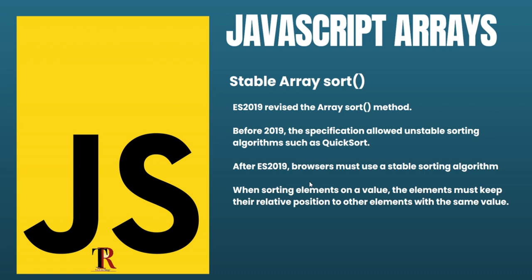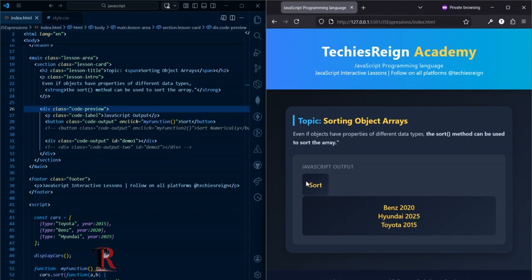What should JavaScript do? Before the ES 2019 changes, during the times of unstable sort, browsers were allowed to reorder equal items, swap them randomly, and even break their original order. But after ES 2019, browsers must use a stable sorting algorithm, and we are going to see how it looks like in this example.